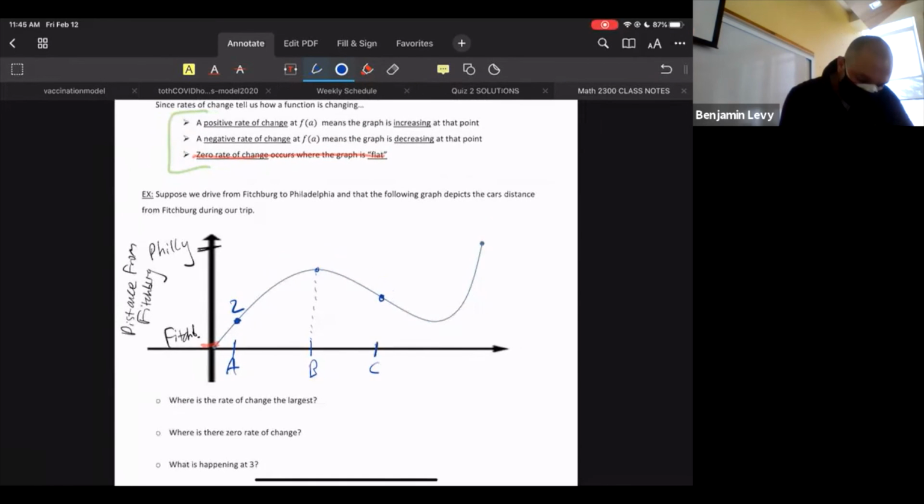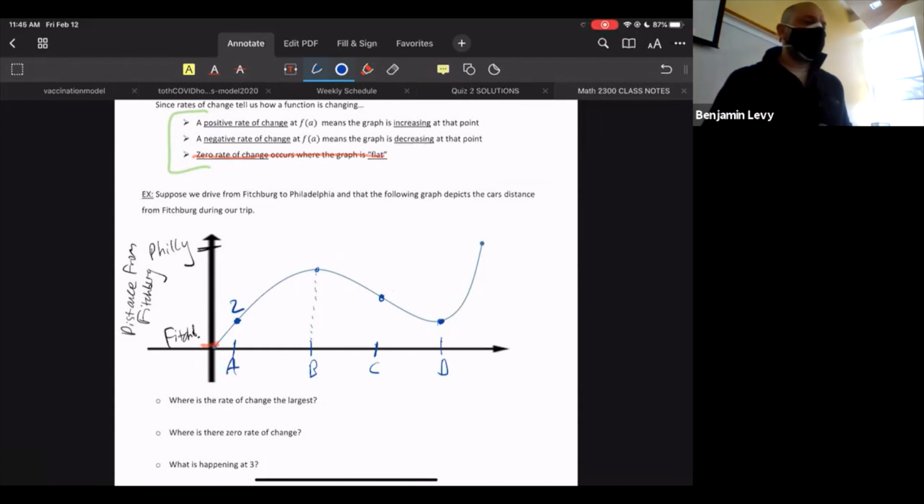D is going to be right here. And then let's just leave it like that.